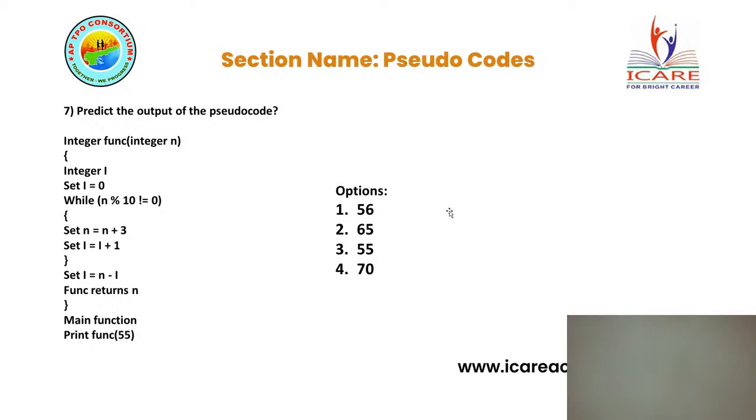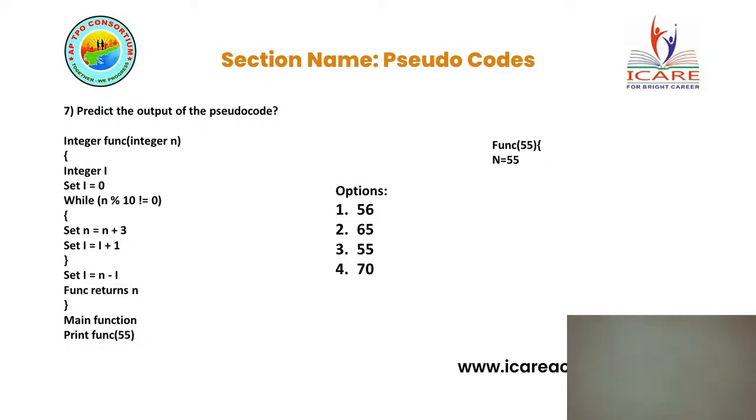In the main function, we have the print of function of 55. In function of 55, we have called the function FUNC, with integer n equal to 55. So we are passing the value n equal to 55.